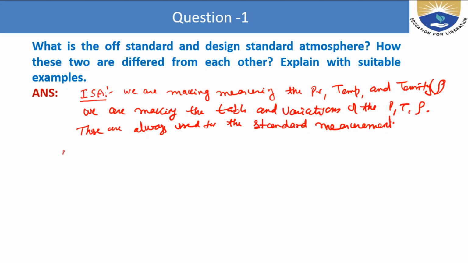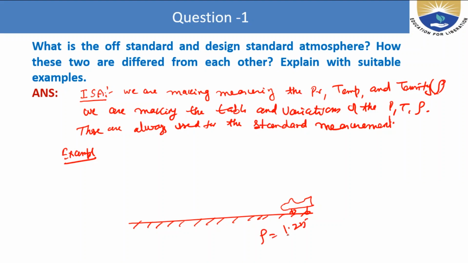Suppose, for example, we are here at sea level, the aircraft is on the runway, like this, and at sea level rho is equal to 1.225, standard atmosphere 1.03 bar pressure, and temperature is 288.06 Kelvin.